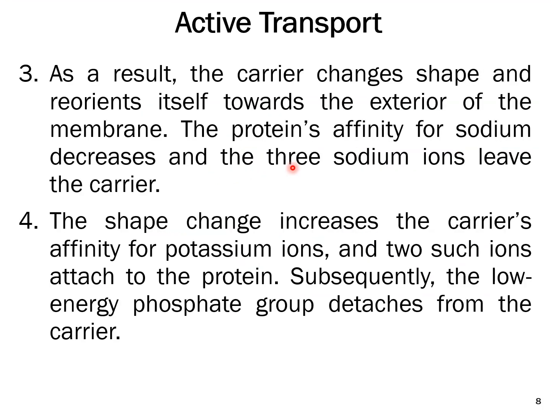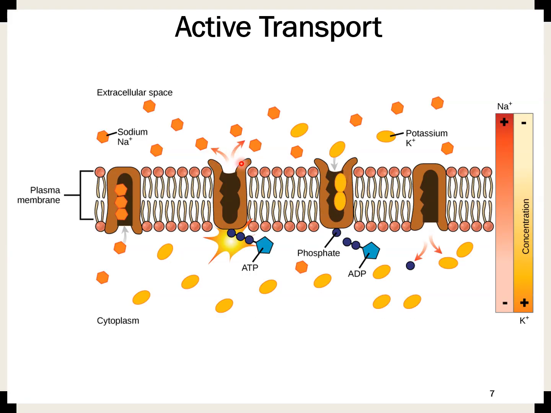The protein's affinity for sodium decreases and its affinity for potassium increases. So it releases those 3 sodium ions towards the outside of the cell, because its affinity for those ions has now decreased.